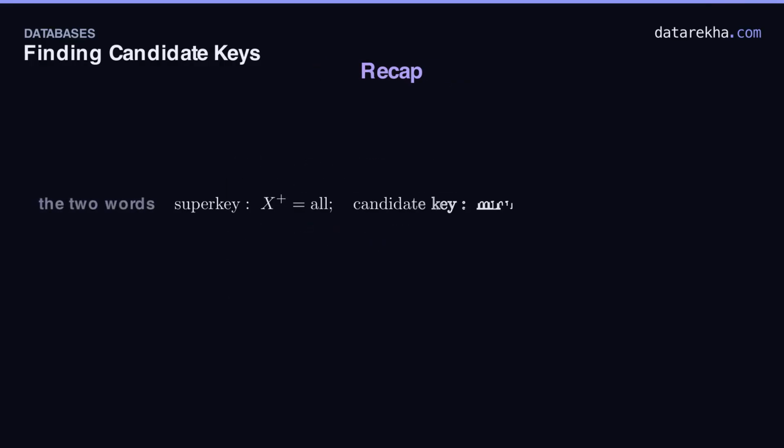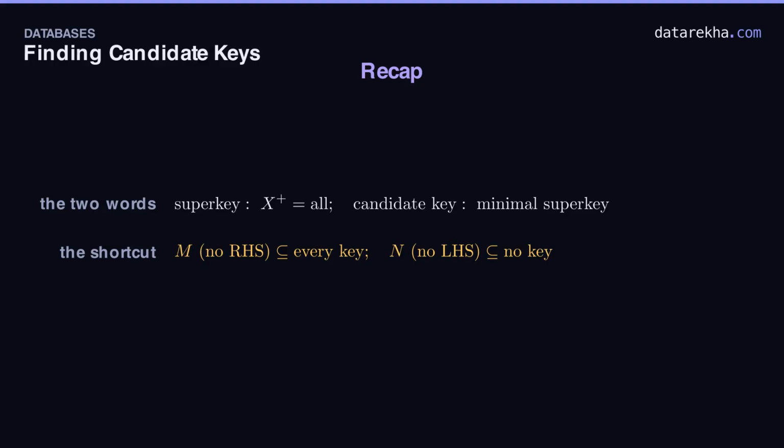Let's lock it in. A super key has a closure of everything. A candidate key is a minimal super key, the smallest set that still determines the whole row. The shortcut. Attributes on no right-hand side sit in every key. Attributes on no left-hand side sit in none. So build up from those mandatory attributes.